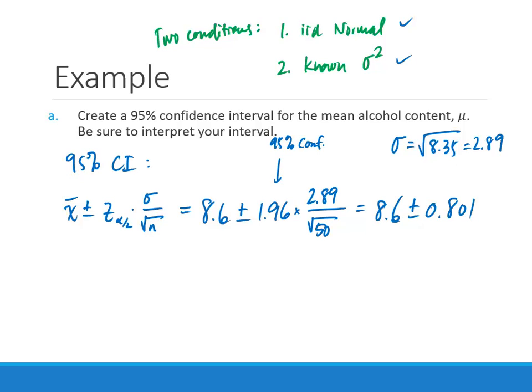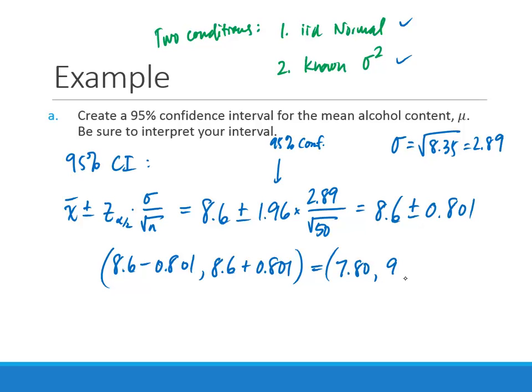So my 95% confidence interval is 8.6 minus 0.801 and 8.6 plus 0.801, or approximately 7.80 and 9.40.